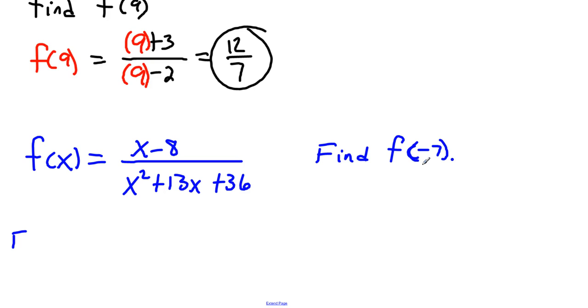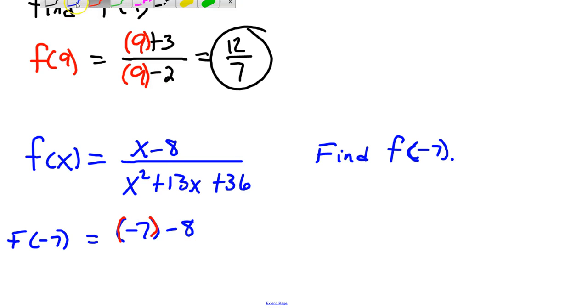Okay, so same thing for this one. But when you're going through the different parts of it here, you're just plugging it in. So you've got f of negative 7. You've got negative 7. You can put that in parentheses, even though it doesn't really do anything there.